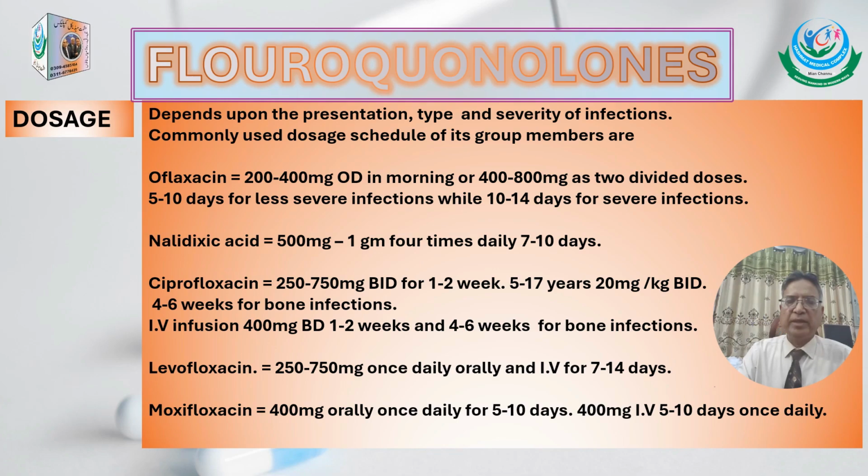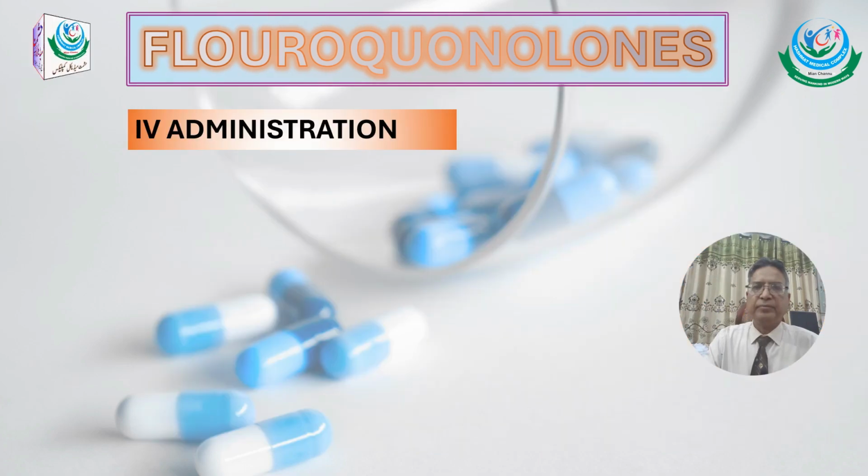Levofloxacin is prescribed in doses of 250 to 750 milligram once daily orally and IV for 7 to 14 days, while moxifloxacin is prescribed in a dose of 400 milligram orally once daily for 5 to 10 days or 400 milligram IV once daily for 5 to 10 days.